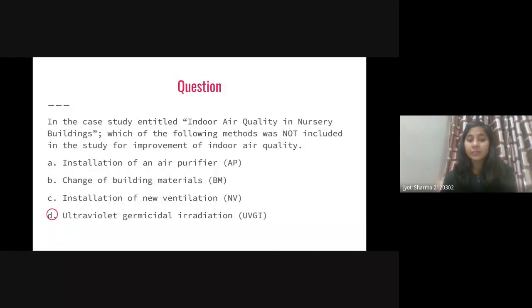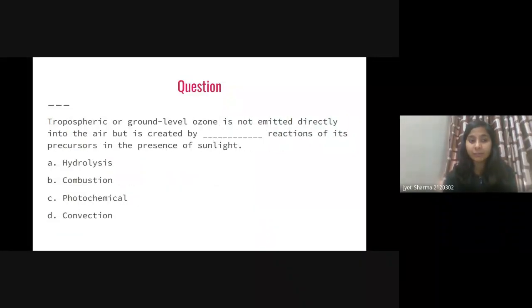Then the installation of new ventilation, so that outside air can enter and dilute the polluted air inside your nursery building. UVGI was not among those methods, so obviously D is the right answer.